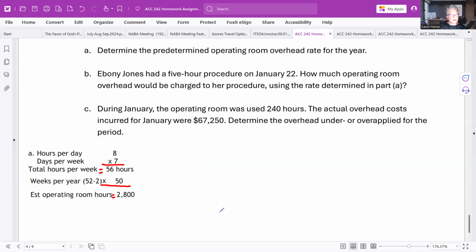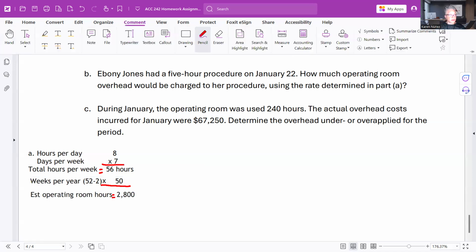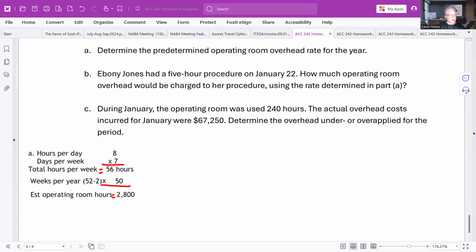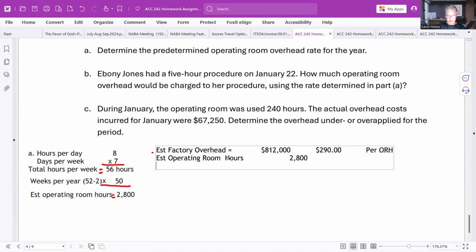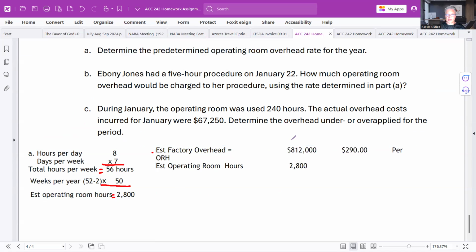That's what we need. So now remember, the way we get a rate is we take the estimated overhead over the estimated activity base.